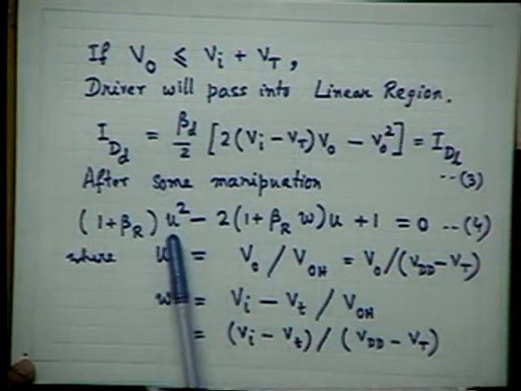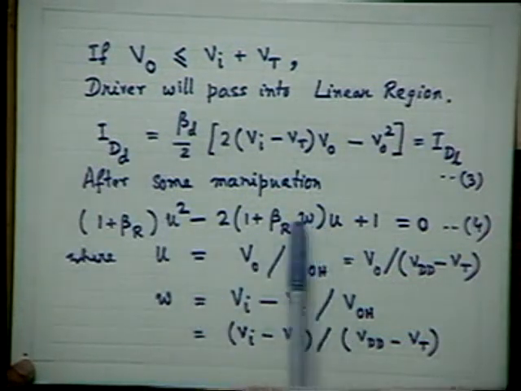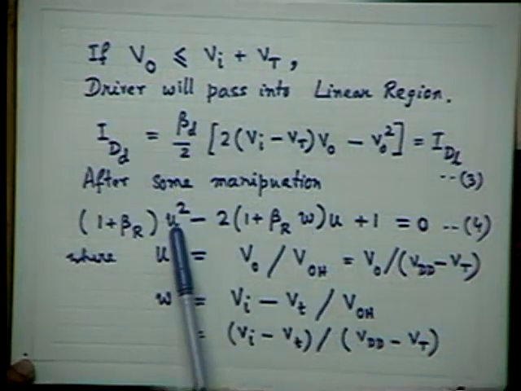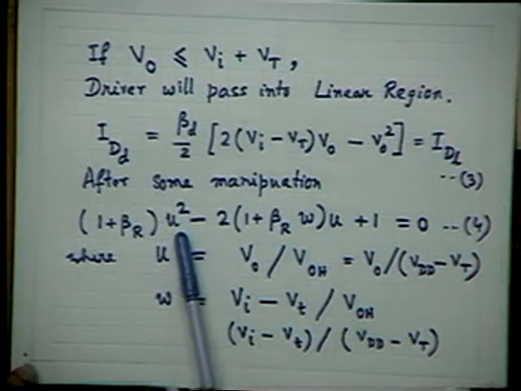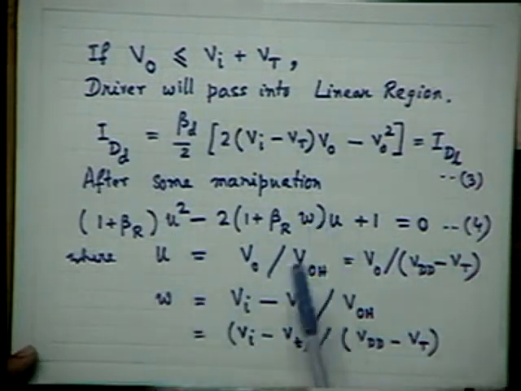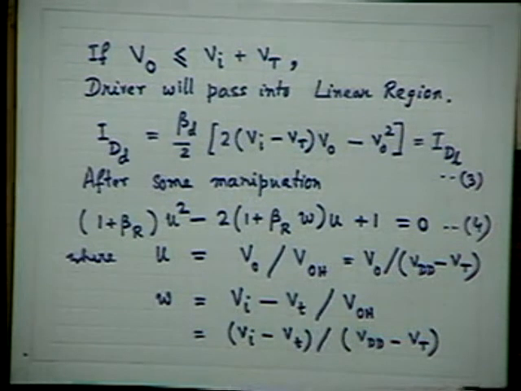The equation has U squared, then there is the coefficient W. So you have to find the expression for the root of this equation, which will give you how U depends on W, that means how output voltage depends on the input voltage. It is a little bit complicated, so we cannot do it that simply.